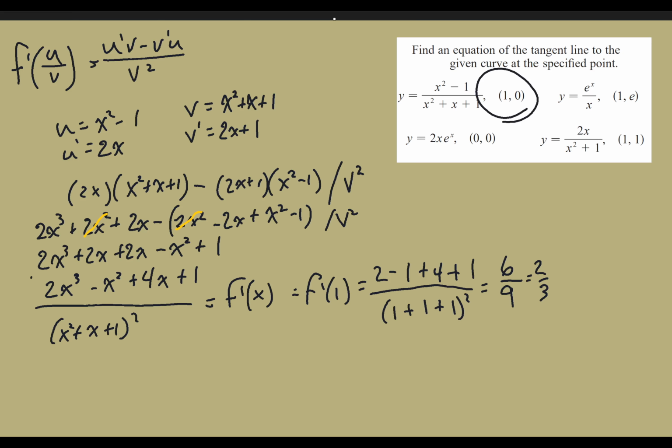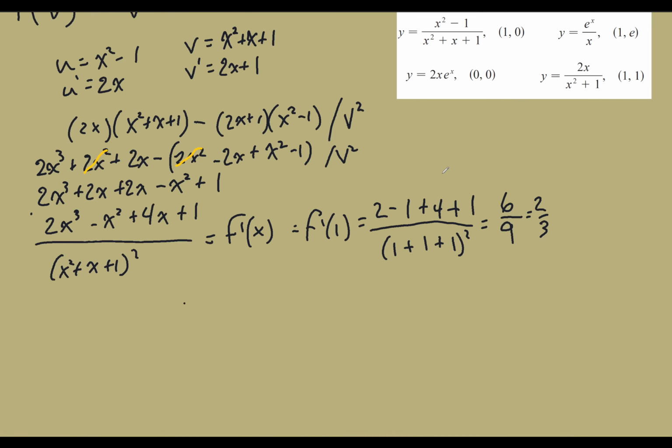Okay, now let's put in our y value. They gave it to us. Never mind. We have a y value of 0. So we know that we're going to be y equals 2/3 x plus b. Whatever this graph does, let's just say it looks like this. I have no idea. If I come to the point 1, 0, okay, so I guess we do have some idea that it's going to do something like this maybe. And there's a point 1, 0 here.